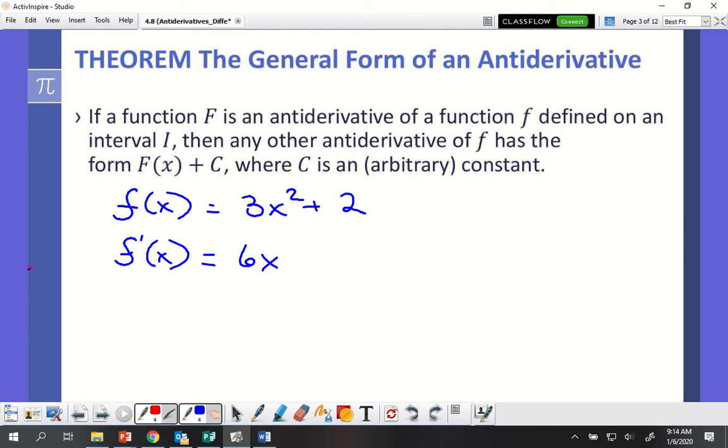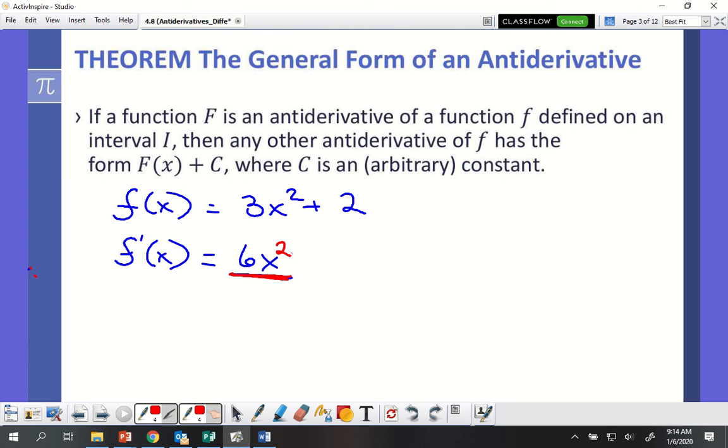So instead of multiplying, I have to divide. And instead of subtracting 1 from the exponent, I'm going to add 1. So if this is 1, this becomes 2.